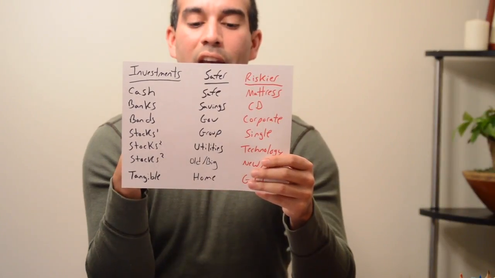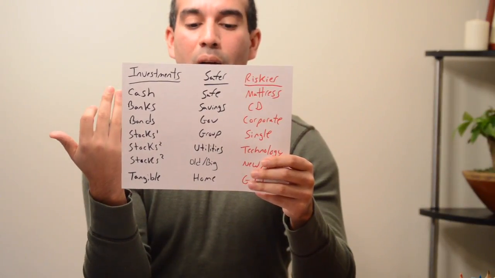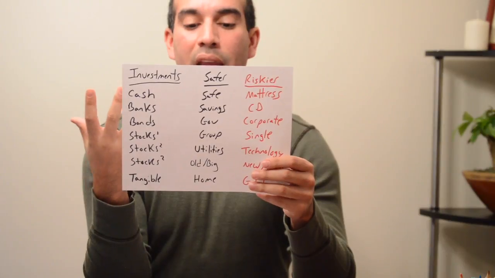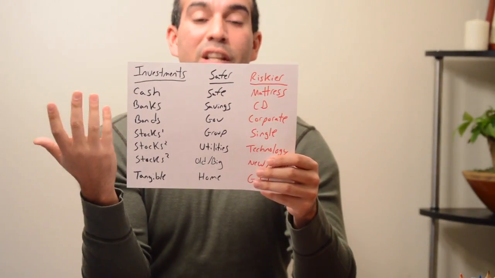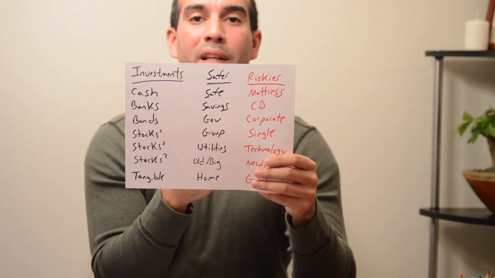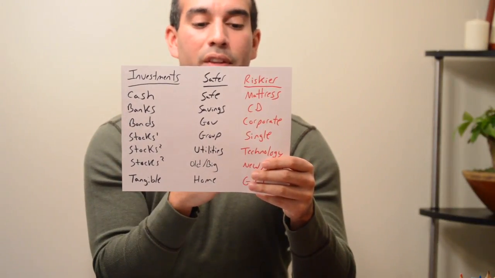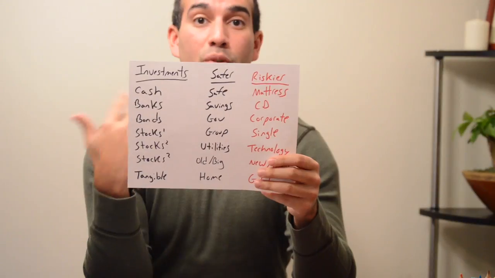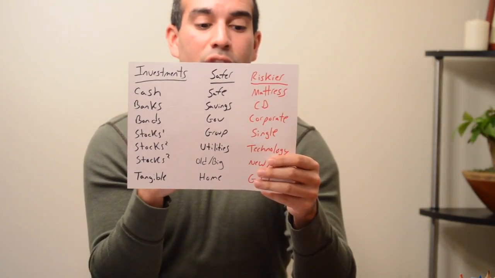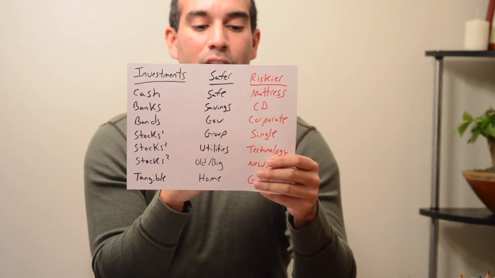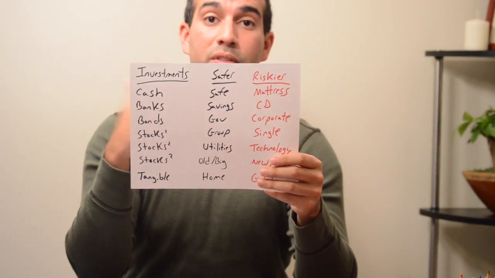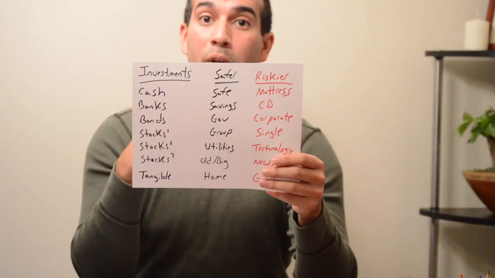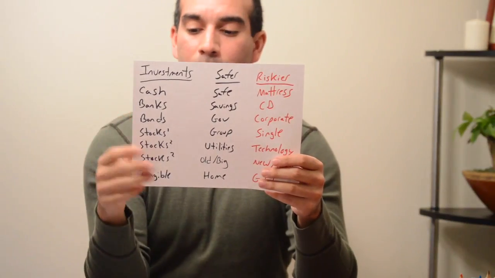Because utilities have been around a lot longer, they're bigger companies, and they usually are more stable as far as their stock prices. Where technology companies, there's a lot of competitors, there's a lot of technology coming in and disrupting old technology, so there's a lot more risk, they say. And so these stocks in the technology sector usually go high and low in extremes, so it's a lot more volatile.